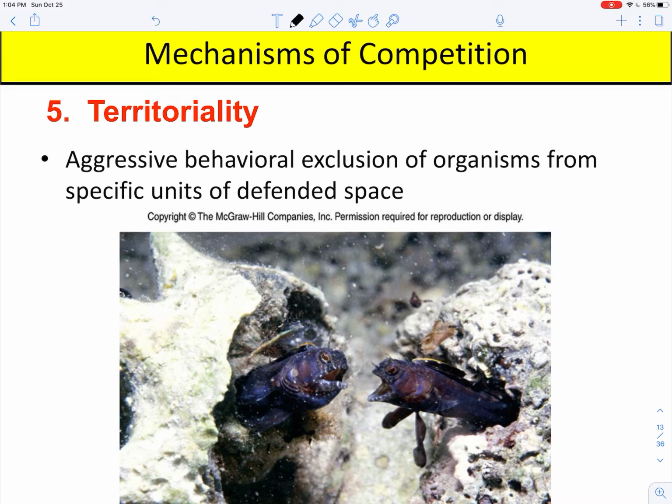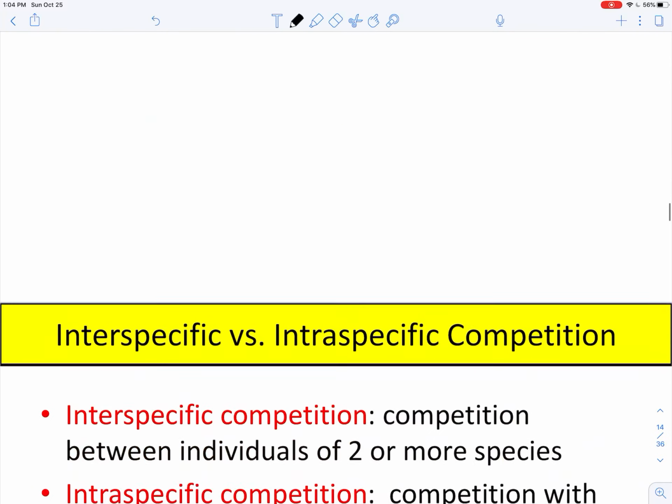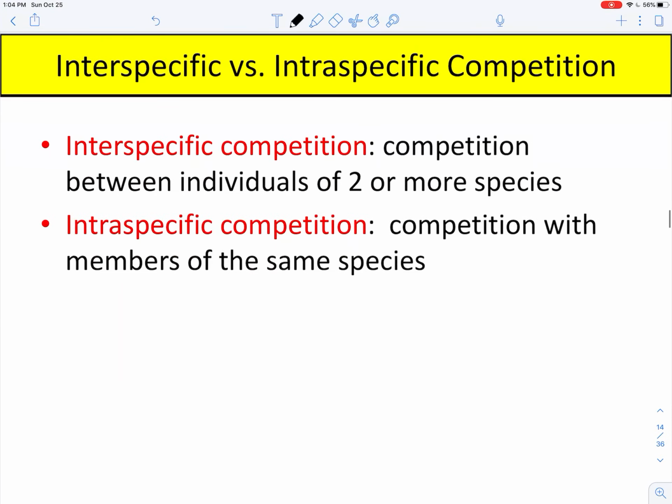So we need to talk next about interspecific competition versus intraspecific competition and define these two terms. Interspecific competition is competition between individuals of two or more species, versus intraspecific competition, which is competition with members of the same species.